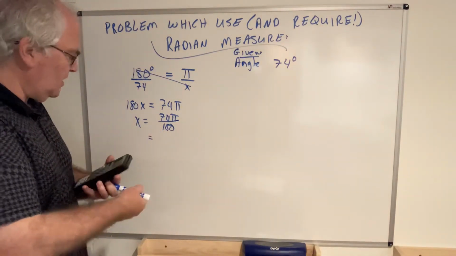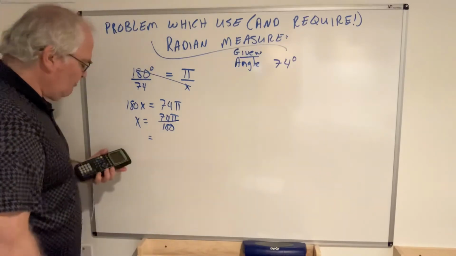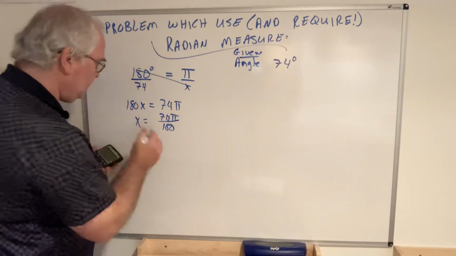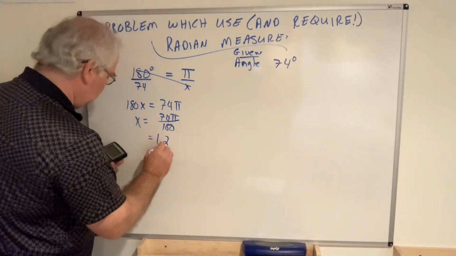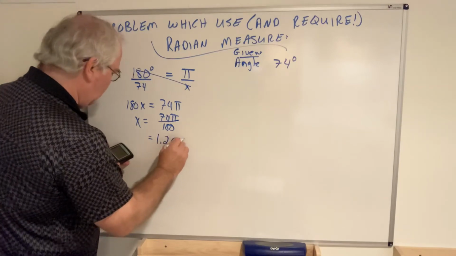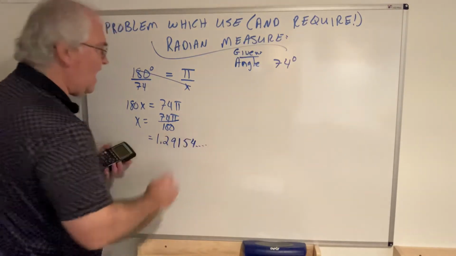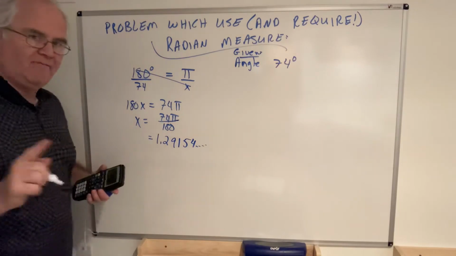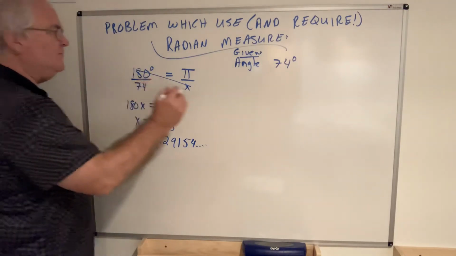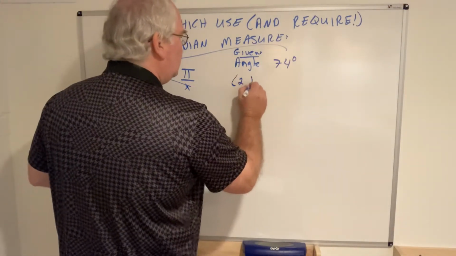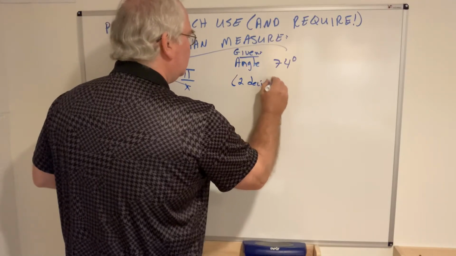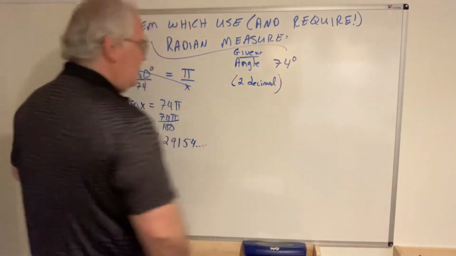And my value is 1.29154, and so on. Let's say for this problem we want 2 decimals, so we're going to round to 2 decimal places.